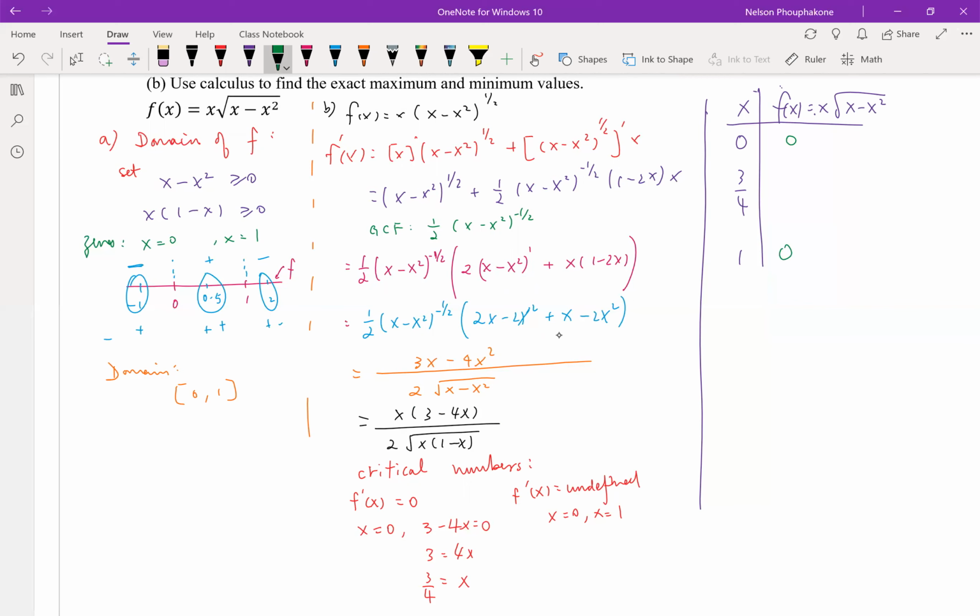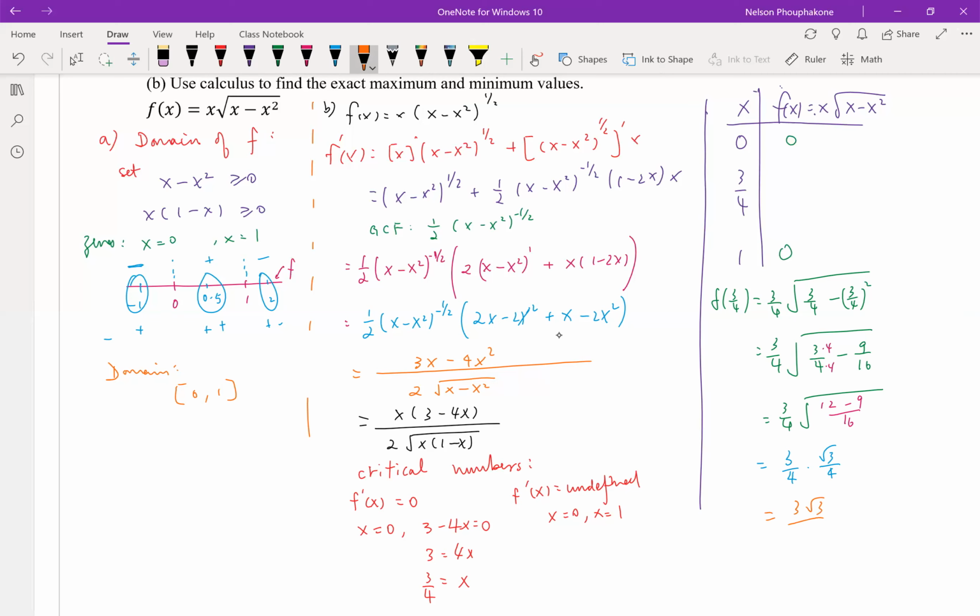So the only thing left is f of 3/4, which is 3 root 3 over 16.